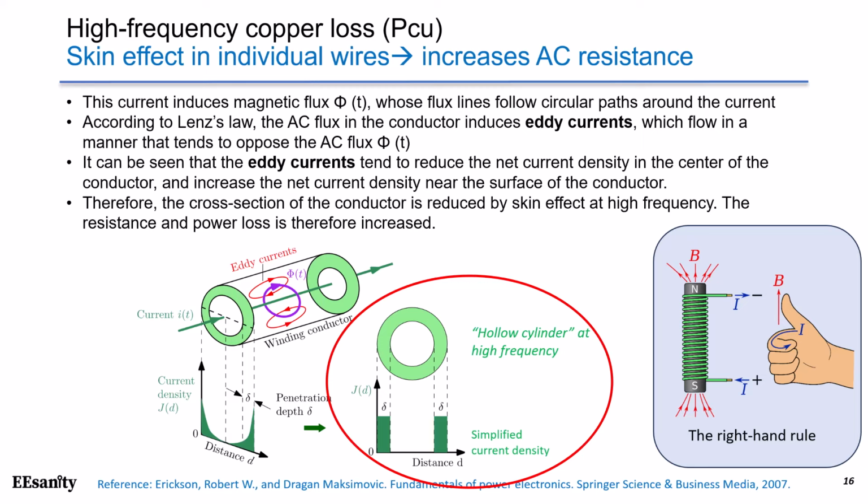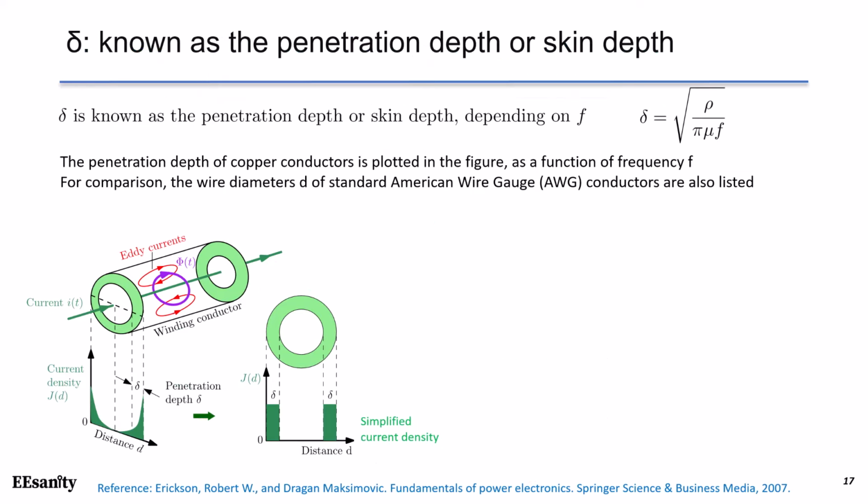To further simplify the analysis, we can assume that the current density is uniform only within the skin penetration depth, defined as delta, and that no current flows in the center of the conductor, as shown in this picture in the middle. Symbol delta is defined as the penetration depth or skin depth in the conductor at high frequency applications.